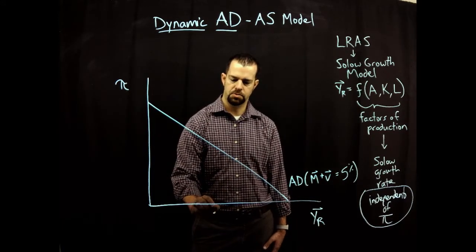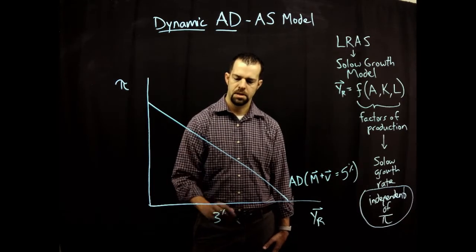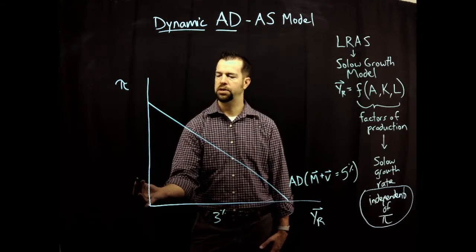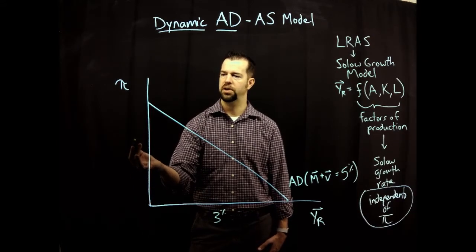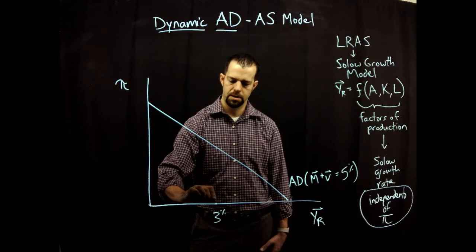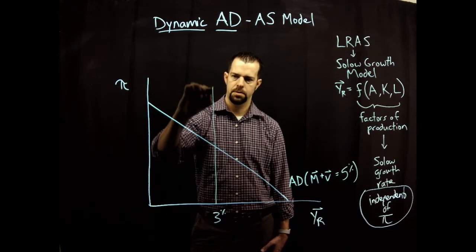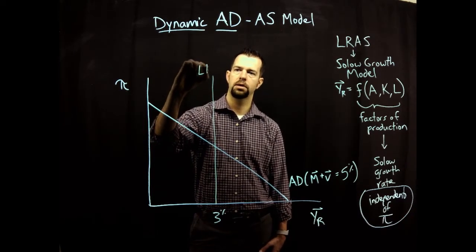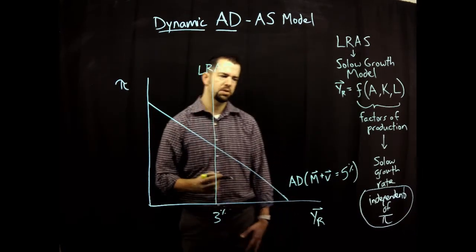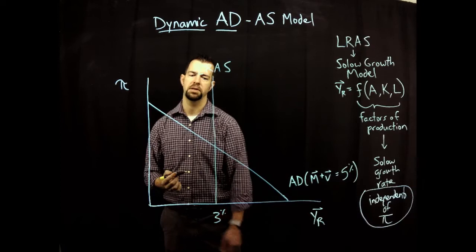Let's say it's 3%, and it's going to be 3% whether we have a 2% inflation rate, 4% inflation rate, or 5% inflation rate. And so we could draw a vertical line straight up to get our long run aggregate supply, and it's associated with a Solow growth rate of 3%.